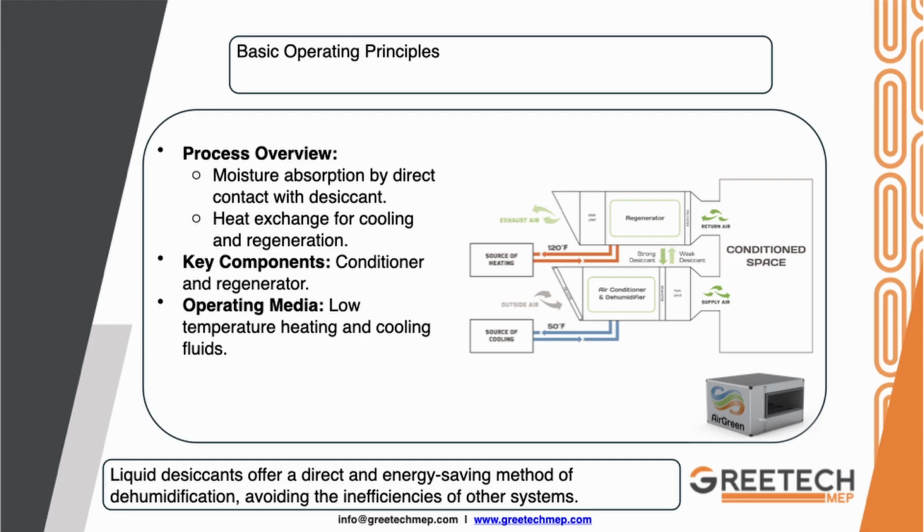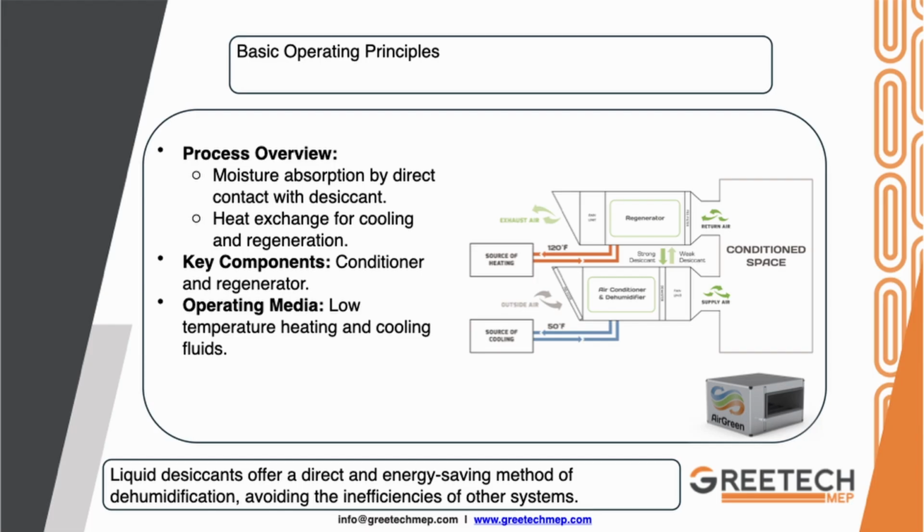In this image, you can see the 2 main components of the system, the conditioner and regenerator, which are the heart of the system. These can be installed either together or separately. The cover in the image in the lower right-hand side, with the AirGreen logo on the cabinet, can be disassembled and allows the cabinet to be joined to the regenerator cabinet so that they operate as one piece.